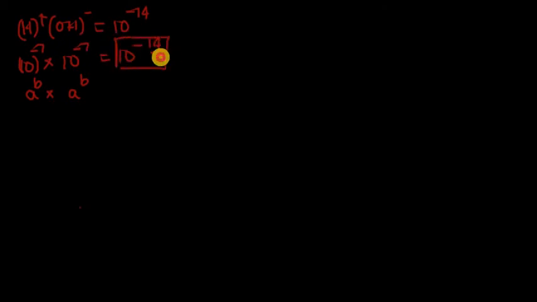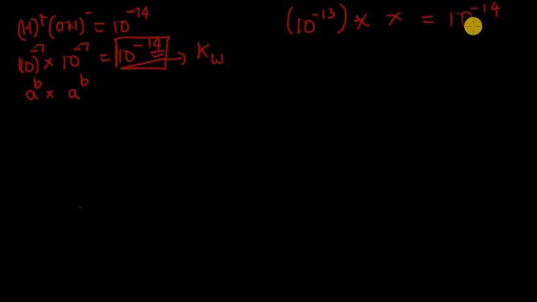So this is what we call the ionic product of water. This is true for all substances, that is, all solutions. So if a substance has 10 to the power negative 13 molar concentration of hydrogen ions, then what do we have to multiply to get 10 to the power negative 14?